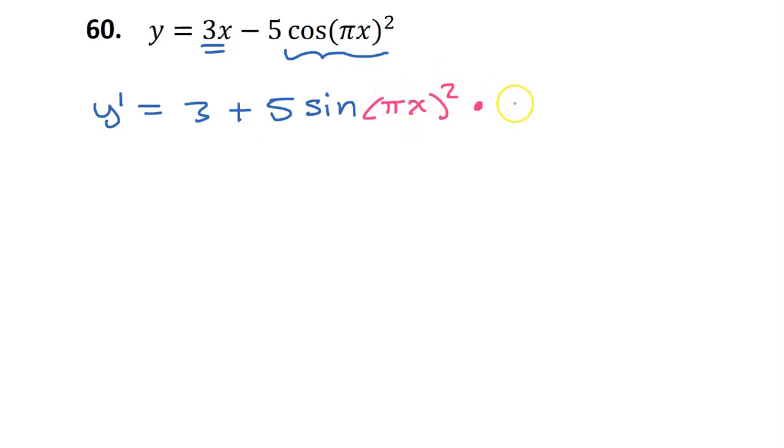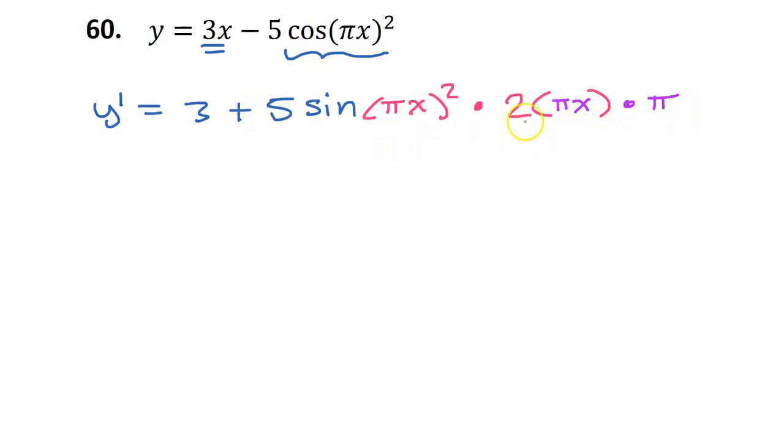So I'm going to put the 2 in the front. So that will become like this. And the stuff inside is going to stay the same, except then we need to multiply by the derivative of that stuff inside. So I'm going to multiply by pi. So it's that double chain rule again.